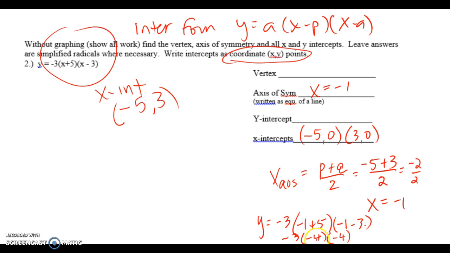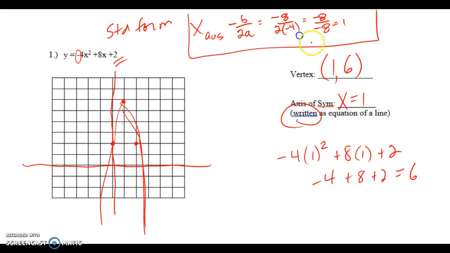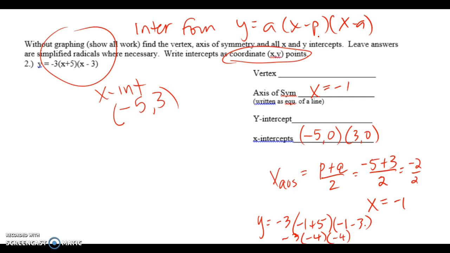So 4 times 4 is 16, times 3 is 48. This should be a negative 48. Oops, I keep hitting the buttons. The vertex is negative 1, negative 48. Oops, my mistake. It's not a negative 48. It's just 48 because negative 1 plus 5 is a positive 4.